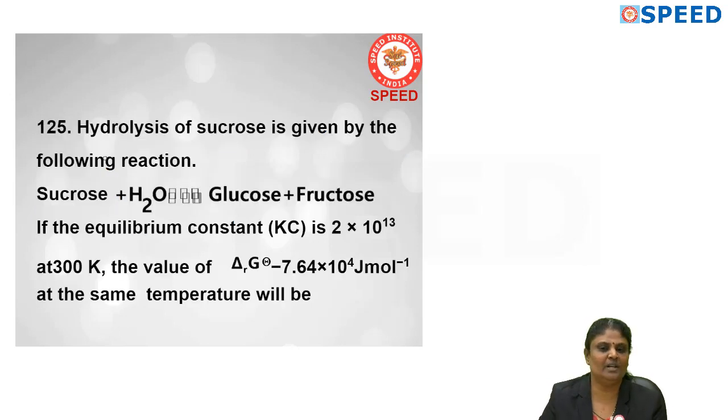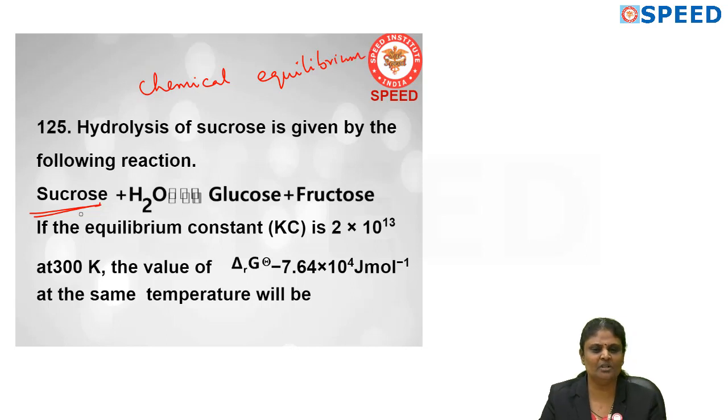Okay, and then the 125th question. Again, this is from sucrose, but this question is from chemical equilibrium. That is our 11th standard portion. So sucrose plus water, hydrolysis of sucrose.